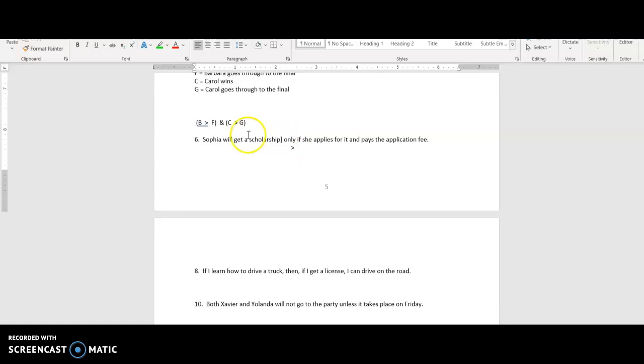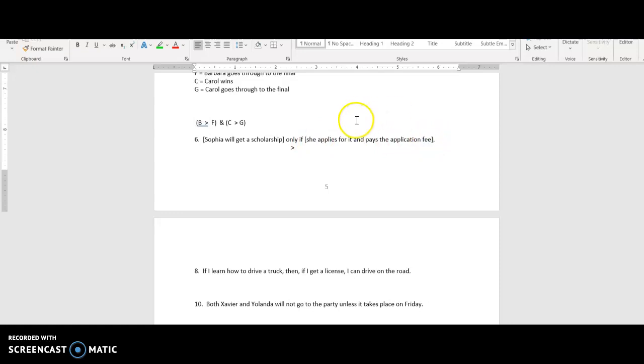So this is going to go to the left of the horseshoe for an only if sentence. In other words, this is going to be the antecedent, and the part after the only if is going to be the consequent.